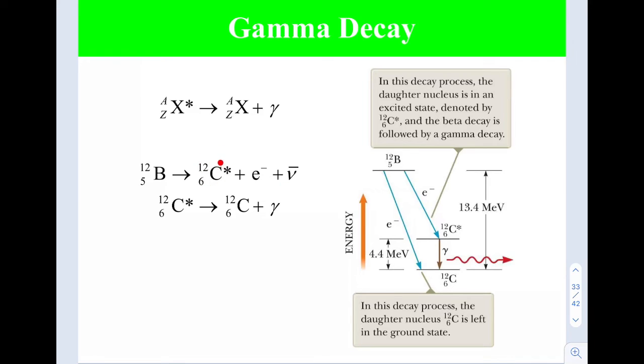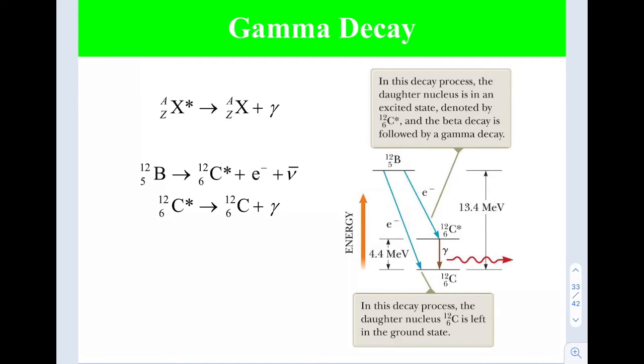And this excited carbon 12 is going to release one gamma. In terms of A and Z, carbon 12 has no change because gamma has no mass and no charge.